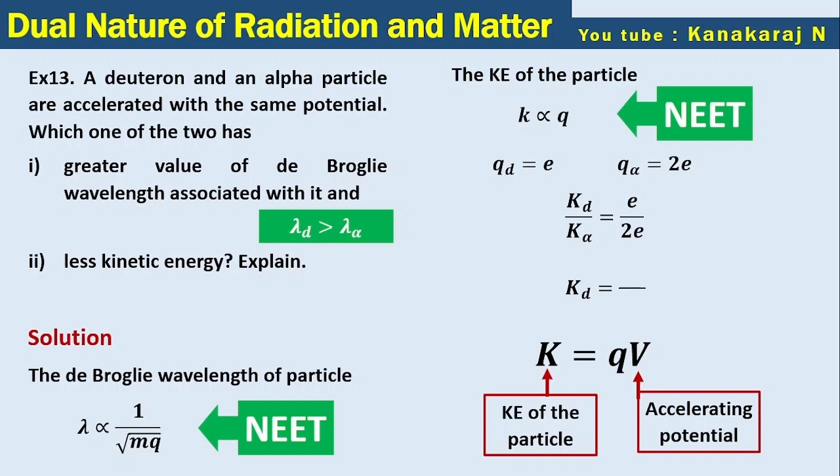We get the kinetic energy of deuteron equals kinetic energy of alpha particle upon 2, so half of the kinetic energy of alpha particle. Therefore, the kinetic energy of alpha particle is greater and the kinetic energy of the deuteron is lesser. So, we get Kd is less than K alpha.